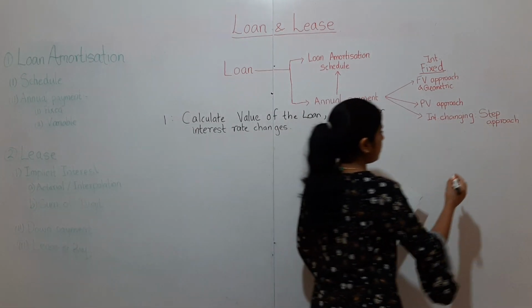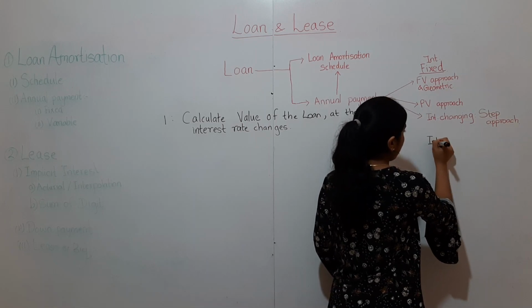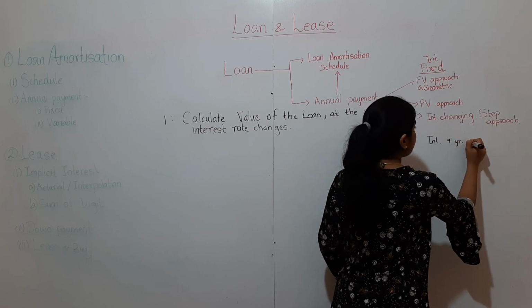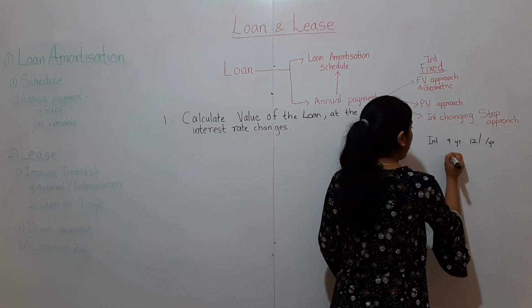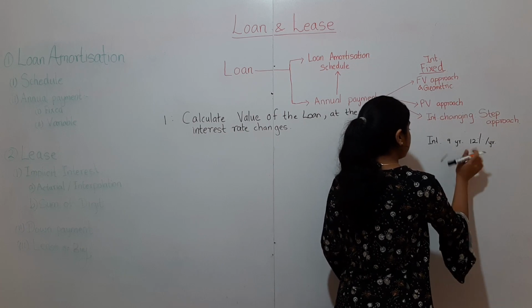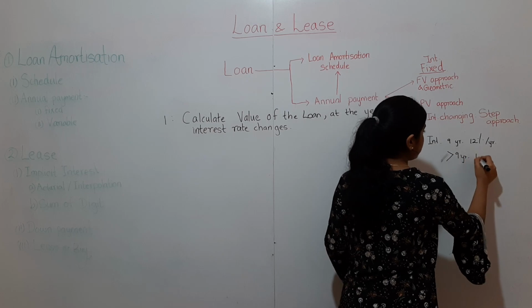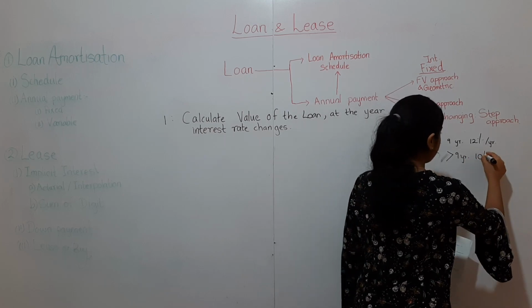Let's draw the scenario here where your interest up to 9 years was 12% per year. After 9 years, after the 9th year, it changed to 10% per annum.